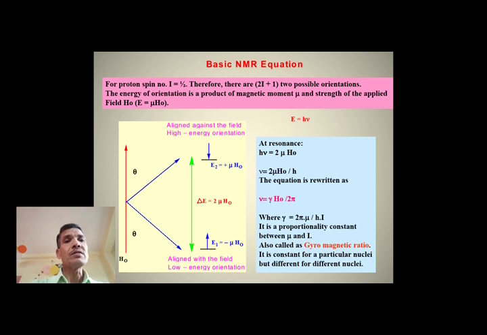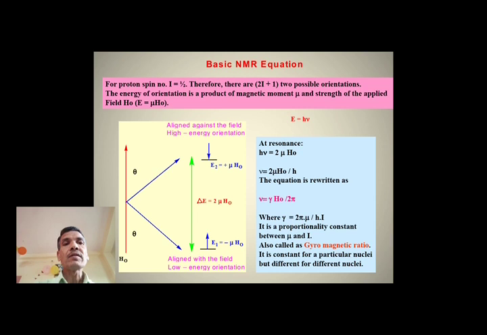At resonance, h nu is equal to 2 mu H0. Therefore, nu is equal to 2 into mu into H0 divided by h.